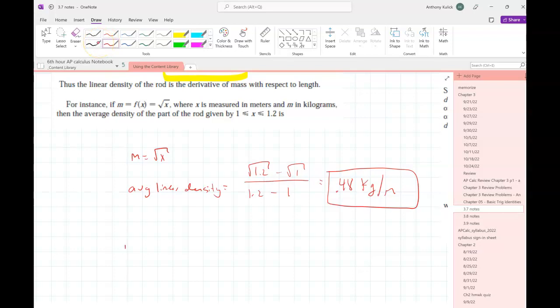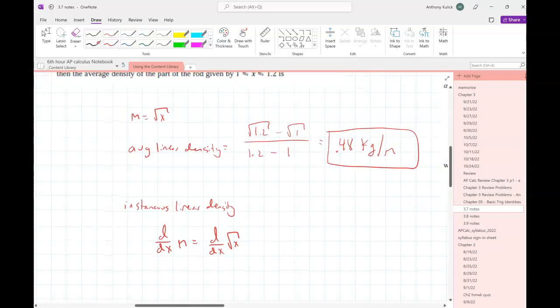Now, what would our instantaneous linear density be? Well, we'll take the derivative with respect to x of both sides of our mass equation. What is the derivative with respect to x of m? dm dx, right? Just like an implicit differentiation problem.